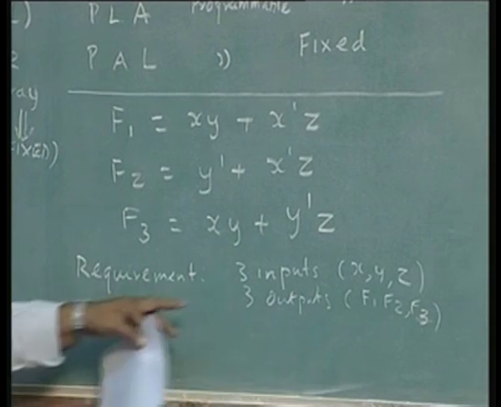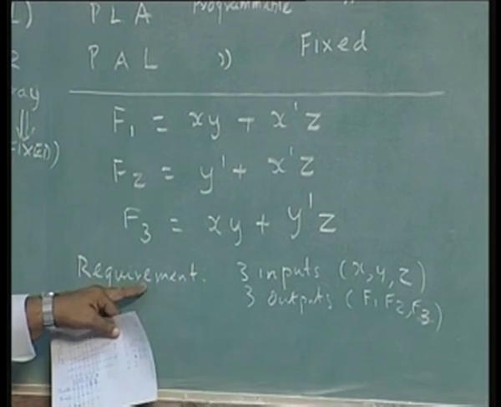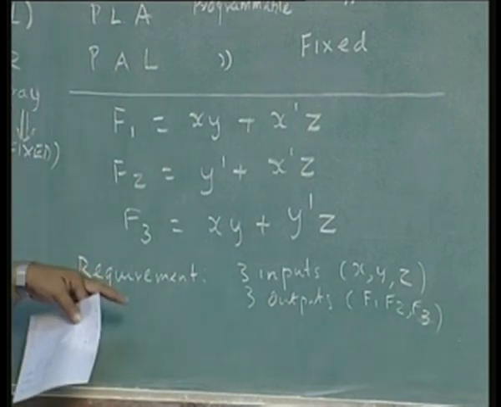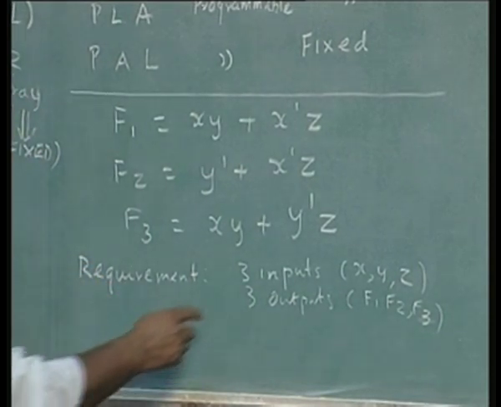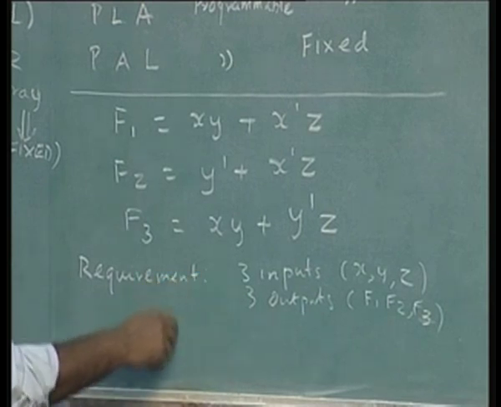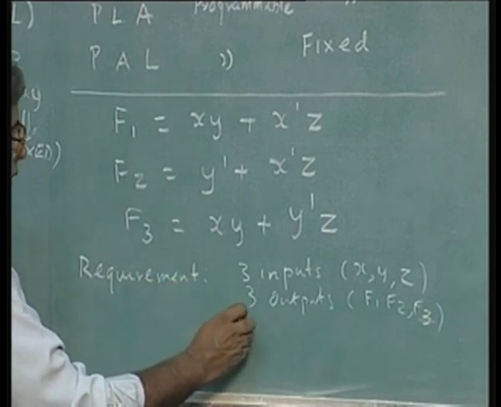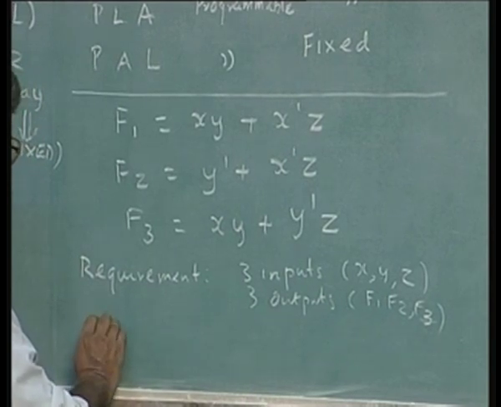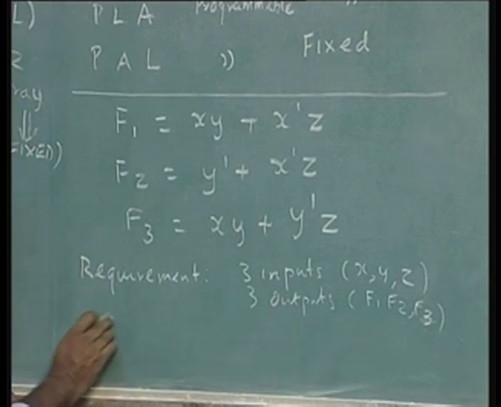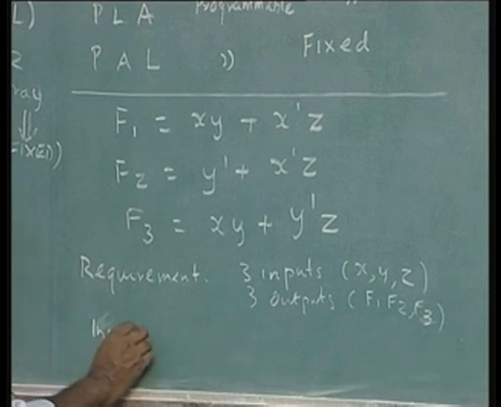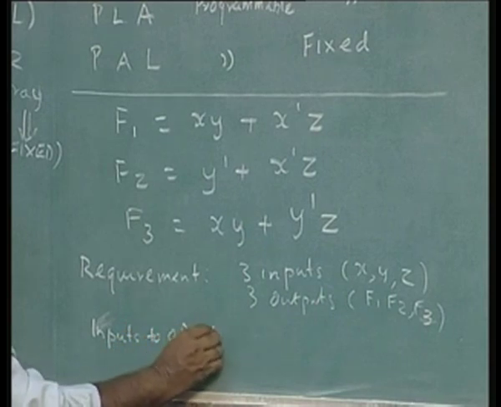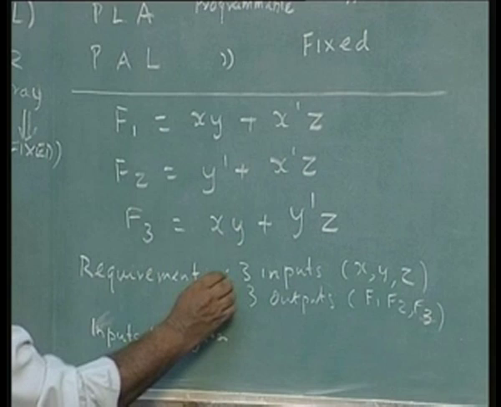But what has to be specified further in this case, which is not done in the case of a programmable logic array, is how many inputs to each OR gate. So the number of AND gate inputs to the OR gate has to be specified by you.